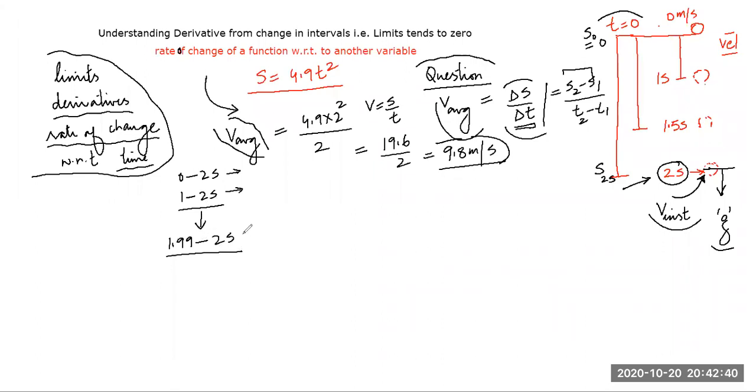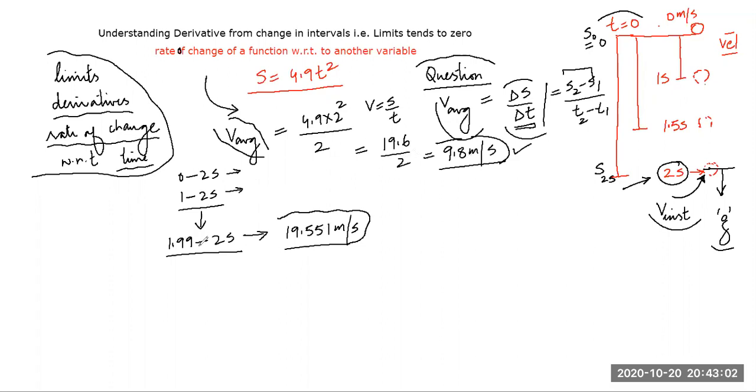So in this time interval, the average velocity, according to 1.99 second, was 19.551 meter per second. So the doubt which came from the conscious or subconscious mind of a student, that this velocity is not correct, proved to be right.